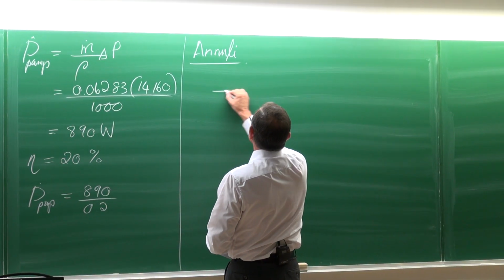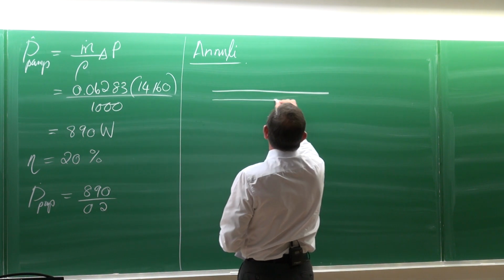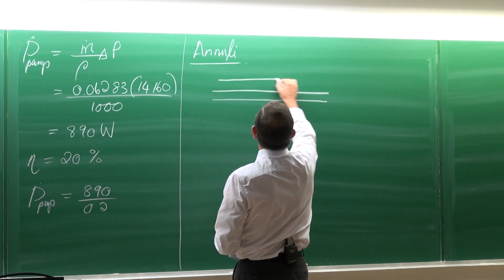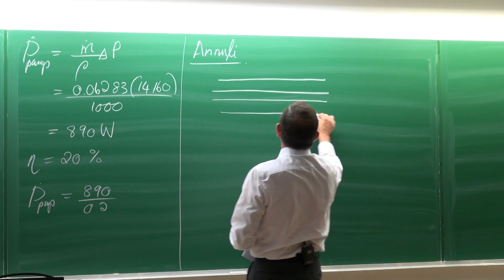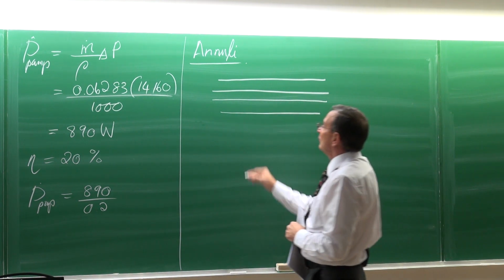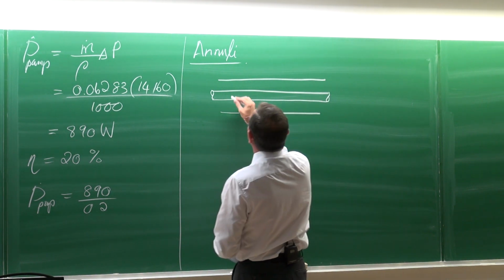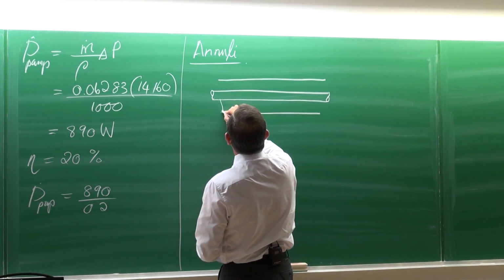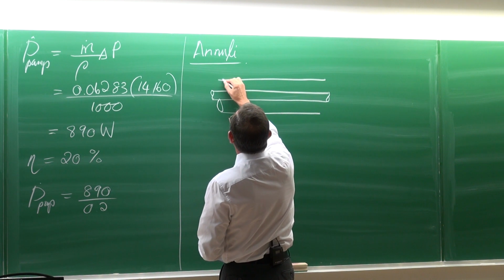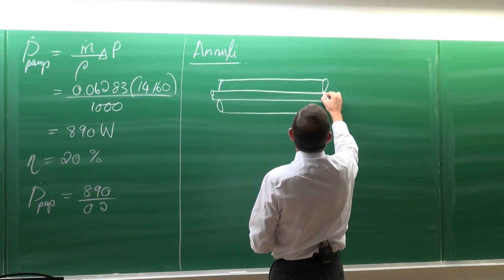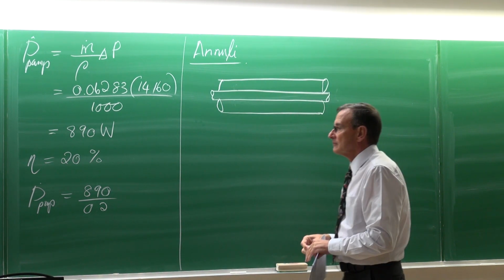What is an annulus? Well, the best way to describe it is to look at two tubes, the one on the inside of the other. So there's a tube there, and then there's a tube like that, typically like that.